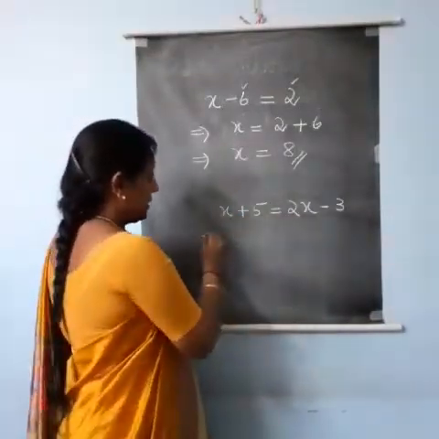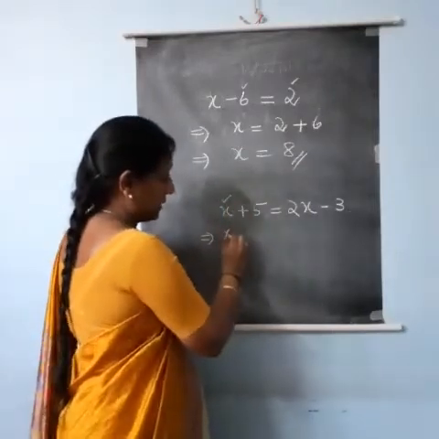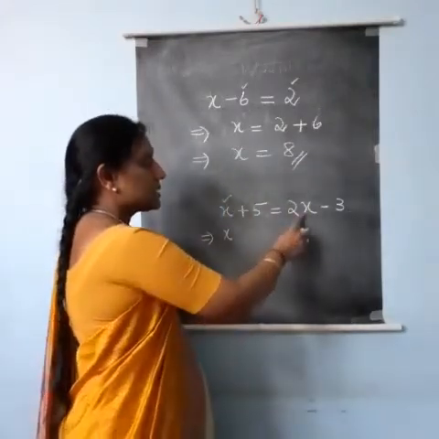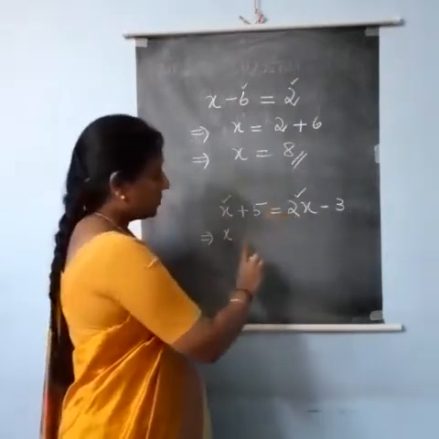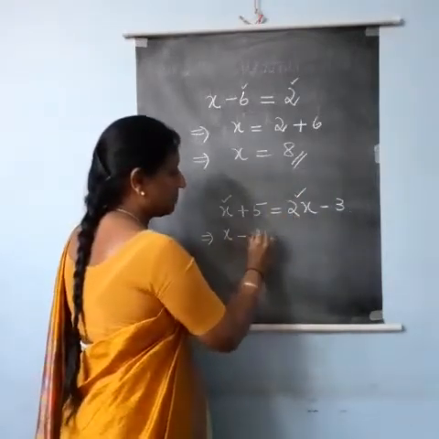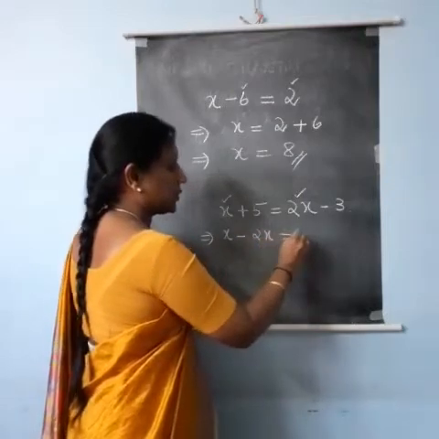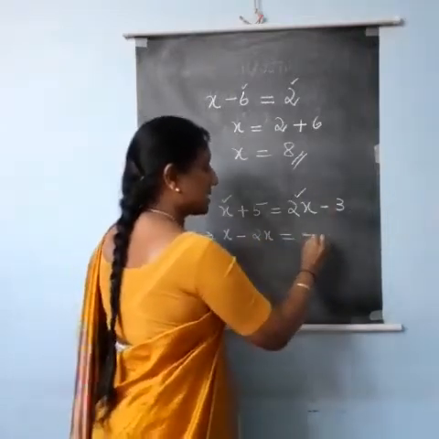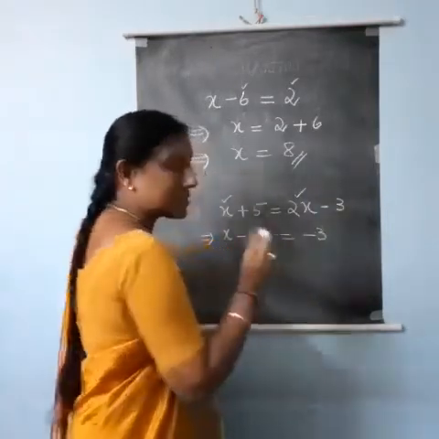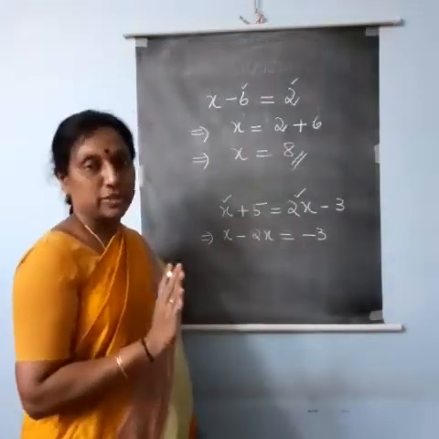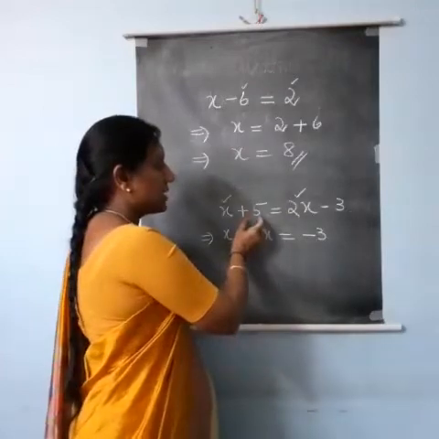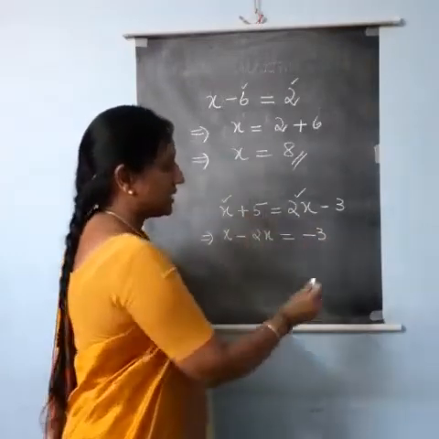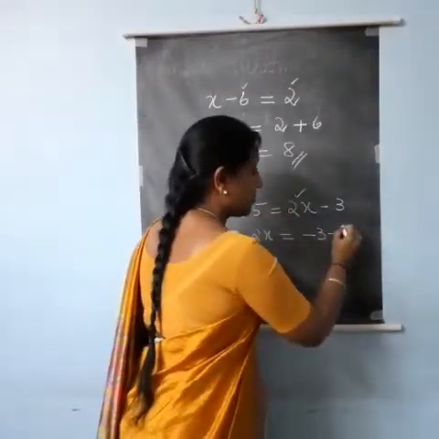So this x I will keep here, and this 2x, when I bring it this side, the sign here is plus. So when I transpose, it will become minus 2x equal to. Now minus 3 is already there. Always write down what is on that side of the equation first. Then you transpose. So when you transpose plus 5 to the other side, it will become minus 5.